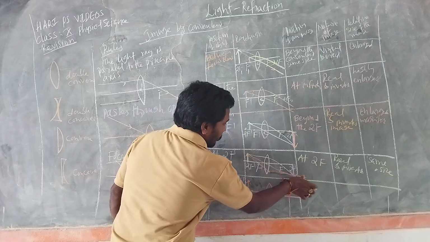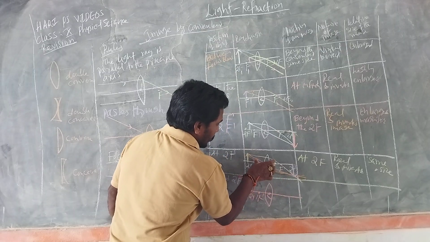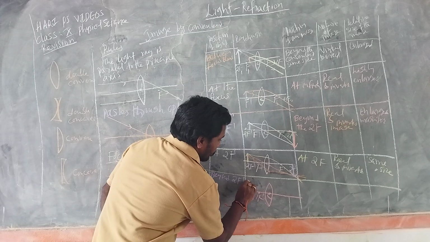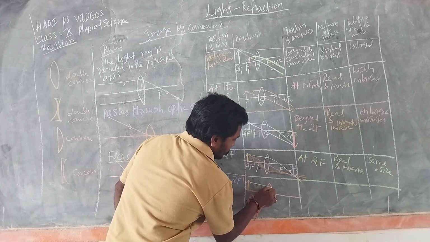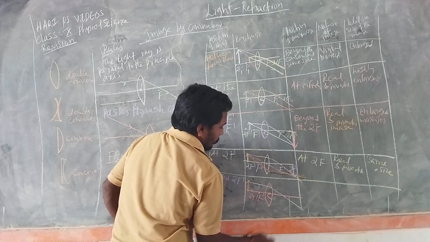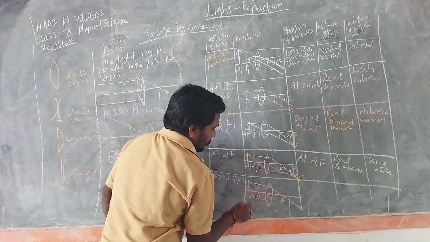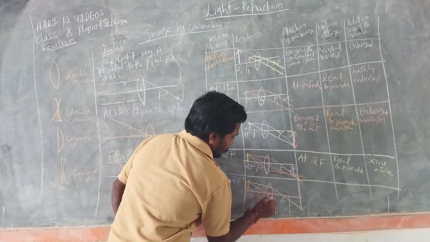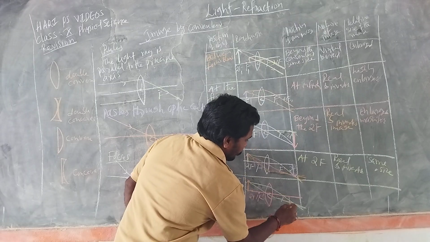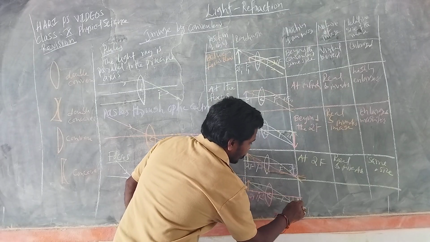Right, the ray parallel to the principal axis passes through f. Then the second ray passes like this. So here is f, and here the image is formed.